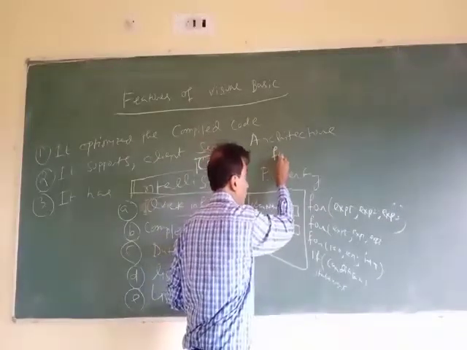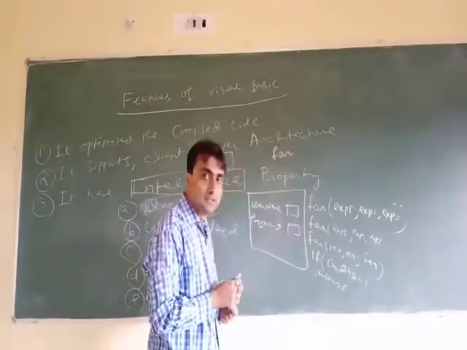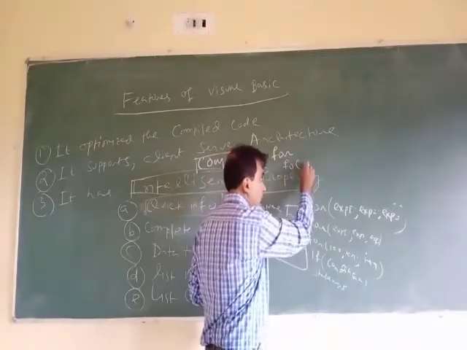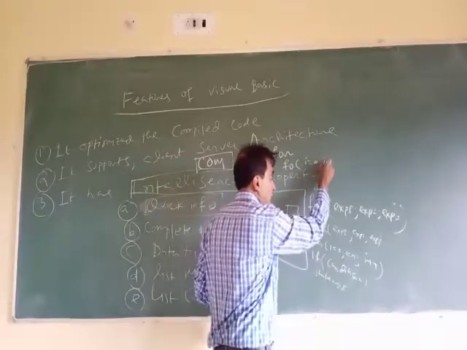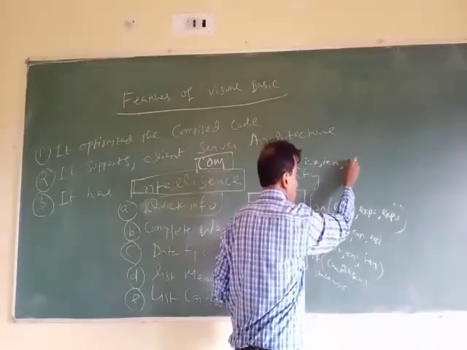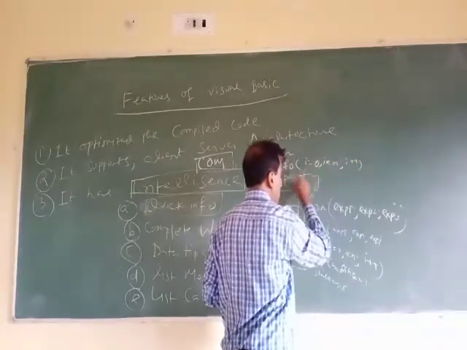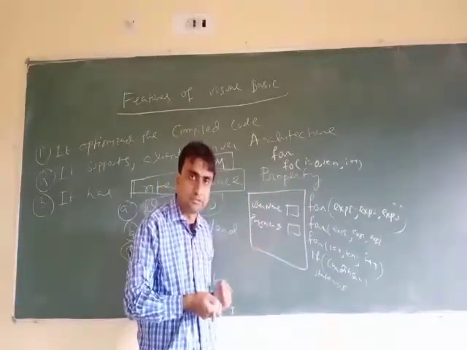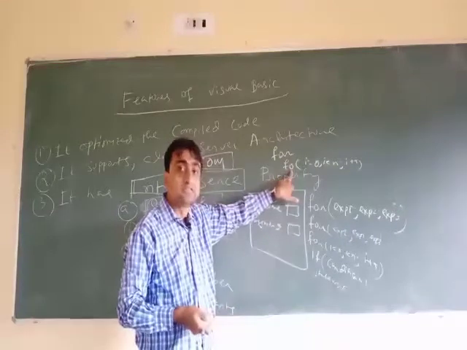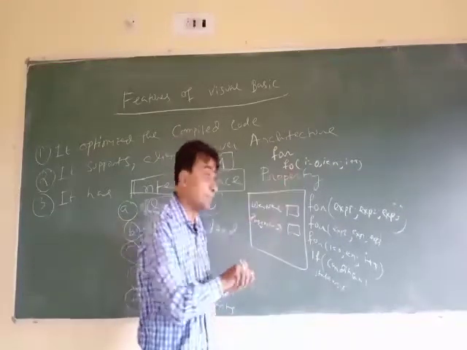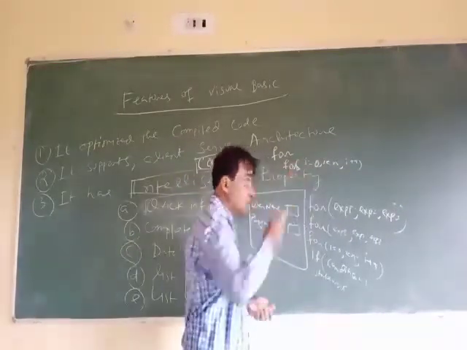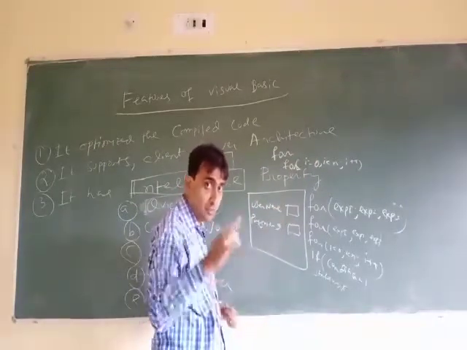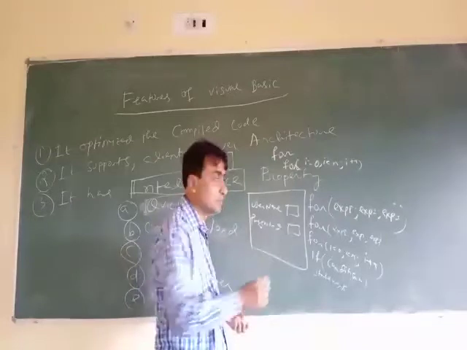See, for loop, FOR is there. Now suppose you have written FO, I is equal to 0, I less than n, I plus plus. Now FO, there is no such word in programming languages. So what will the system do? The system will complete this FO to FOR automatically during runtime.